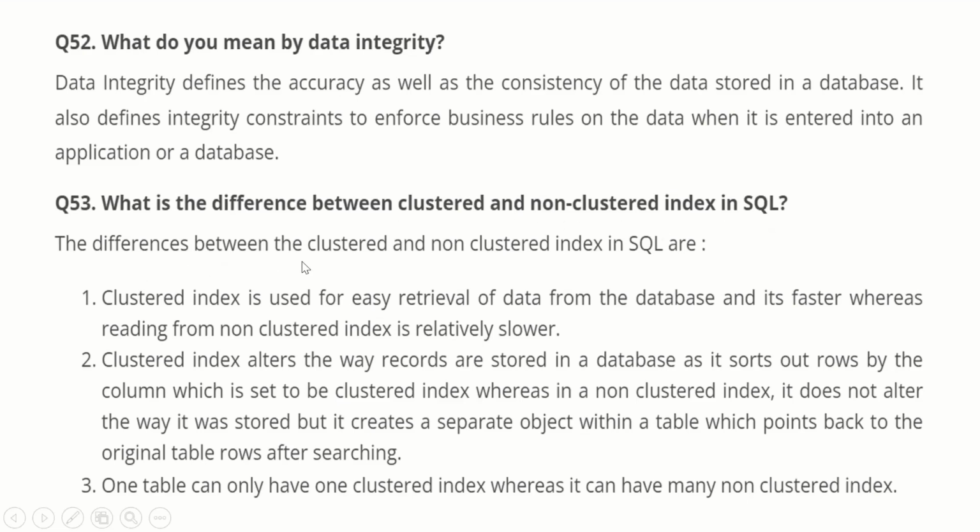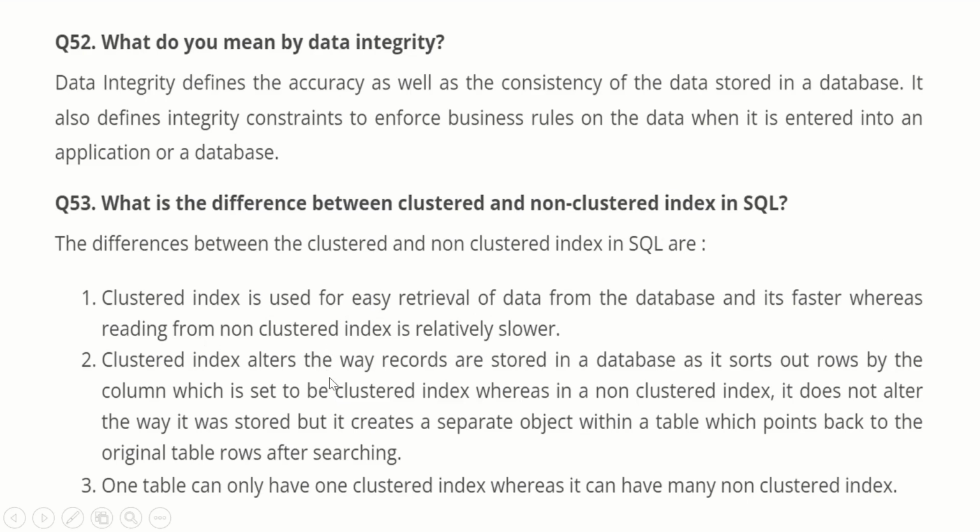So, next question. What is the difference between clustered and non-clustered index in SQL? The differences are: a clustered index is used for easy retrieval of data from the database and it's faster, whereas reading from a non-clustered index is relatively slower.